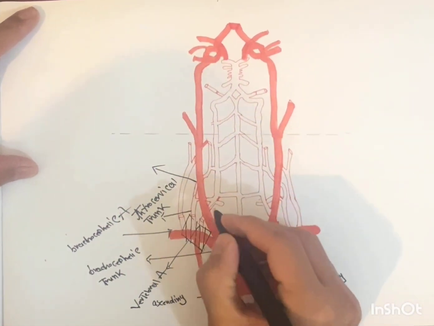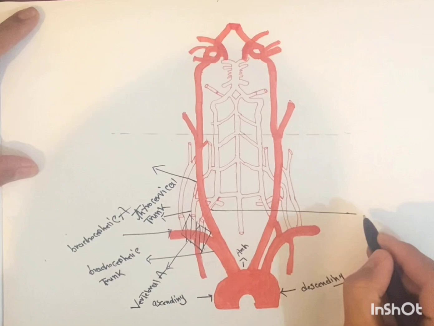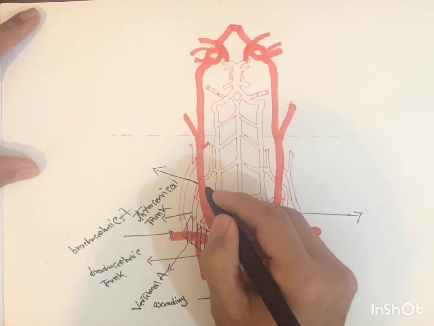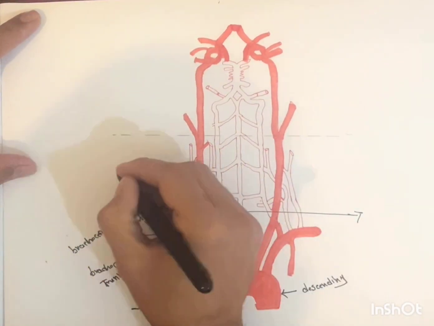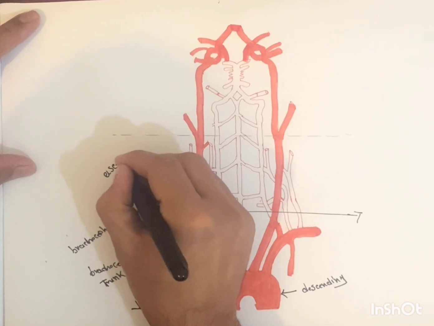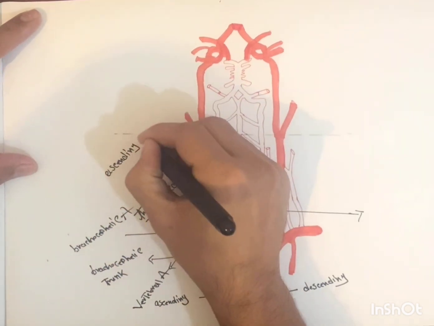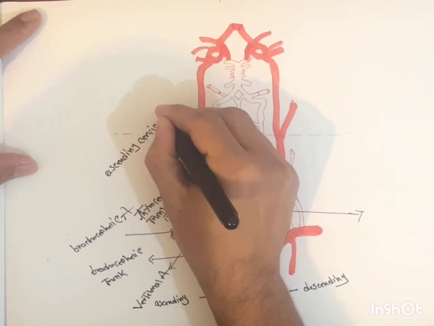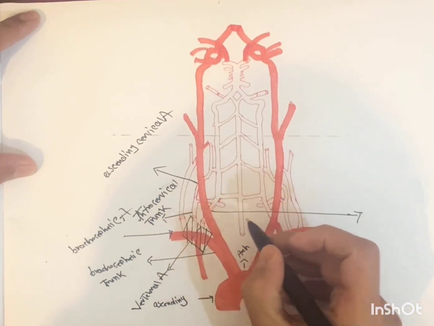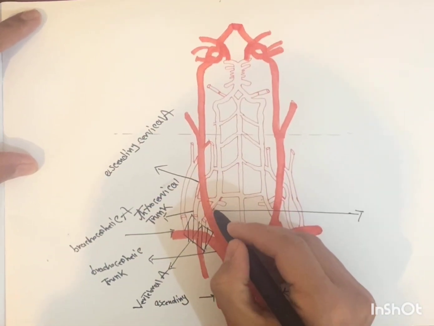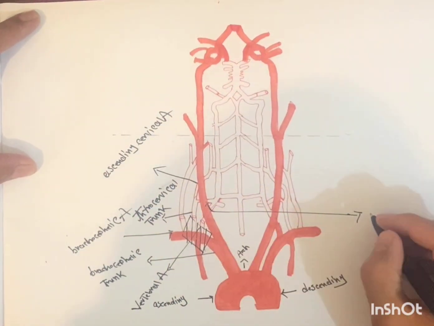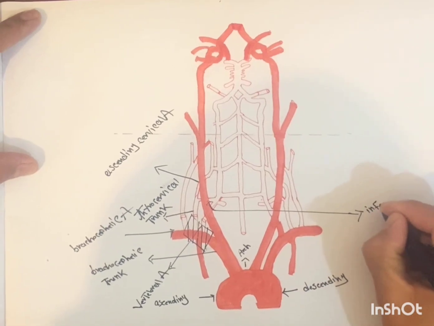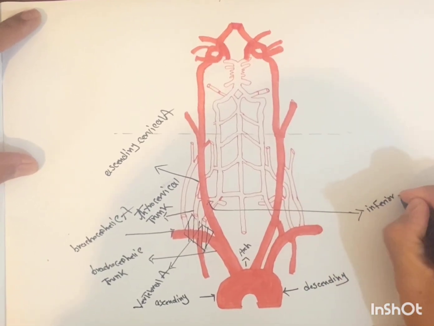Here we have one, called the ascending cervical artery. And this one is the inferior thyroidal artery.